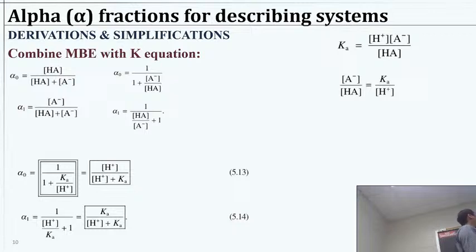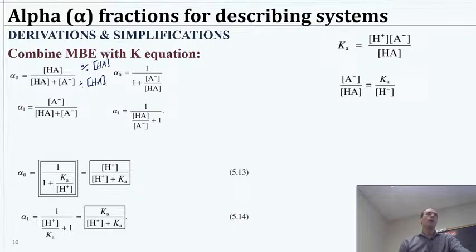So let's take a look at the alpha 0. Our initial condition is HA divided by HA plus A minus is equal to alpha 0. Well, if we divide the top and the bottom of this equation by HA, we can simplify a bit, right? So we can get the top to be 1.